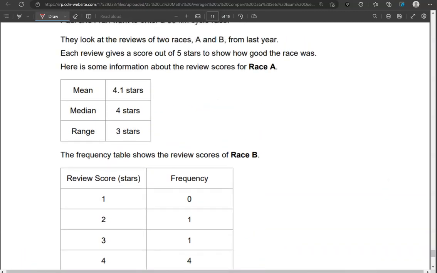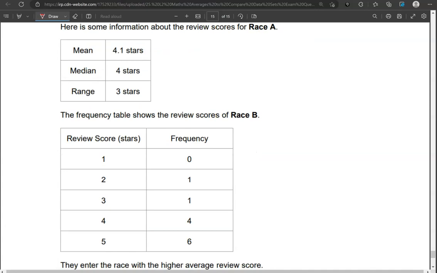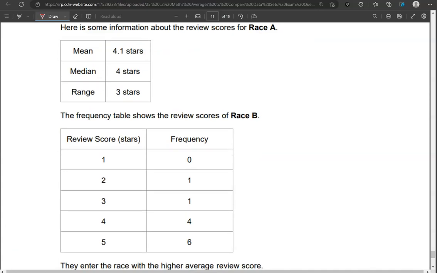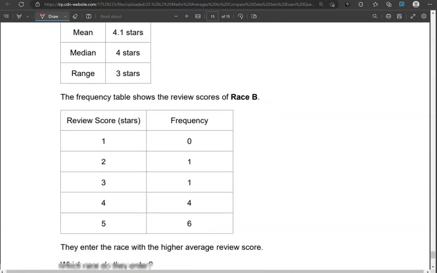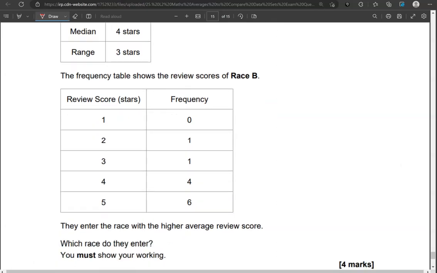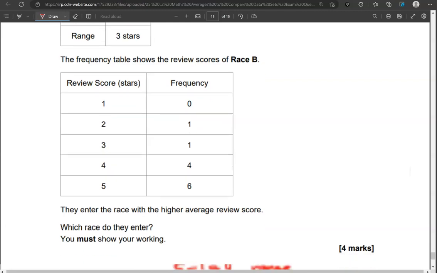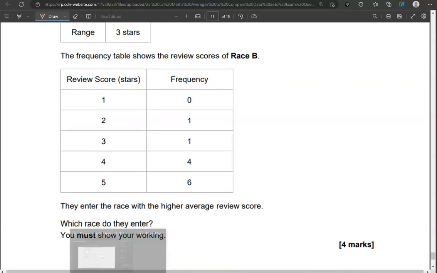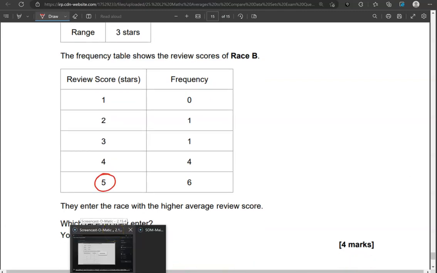So for race A, we're given the mean, median, and the range. And for race B, we've got the review scores and the frequency. I'll work out the mean and the range for race B. Let's start with the range. So we're taking away the smallest from the highest. The highest score, that is 5, but the lowest score is 2.